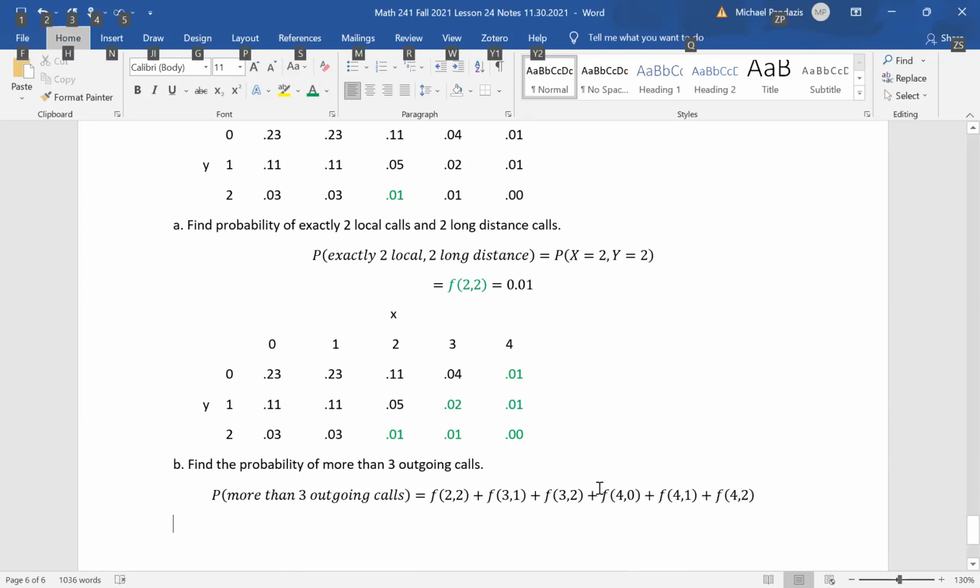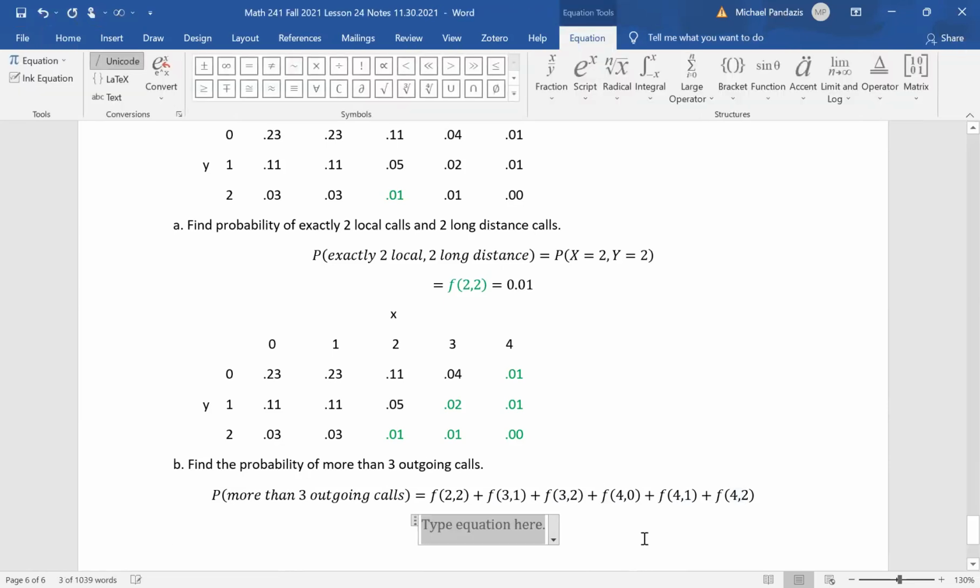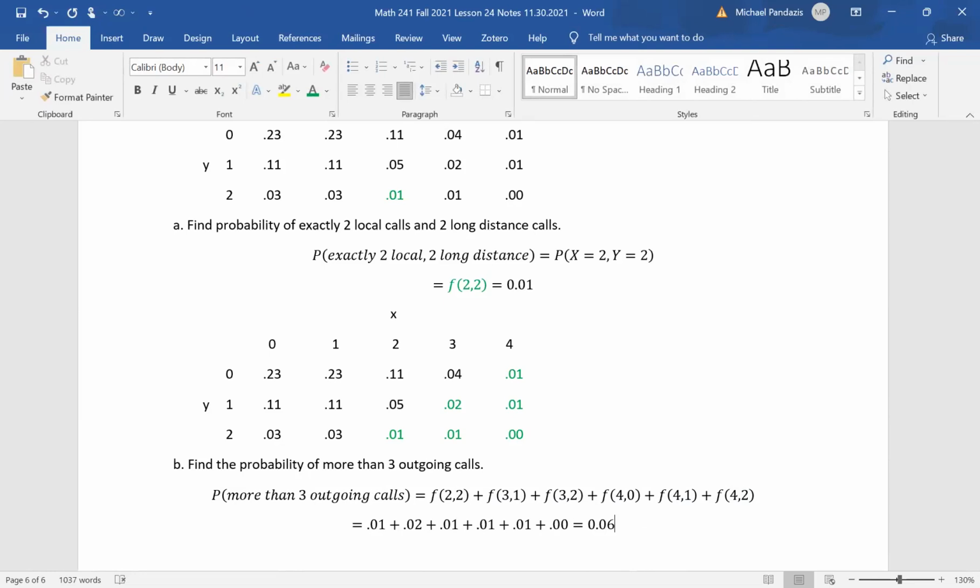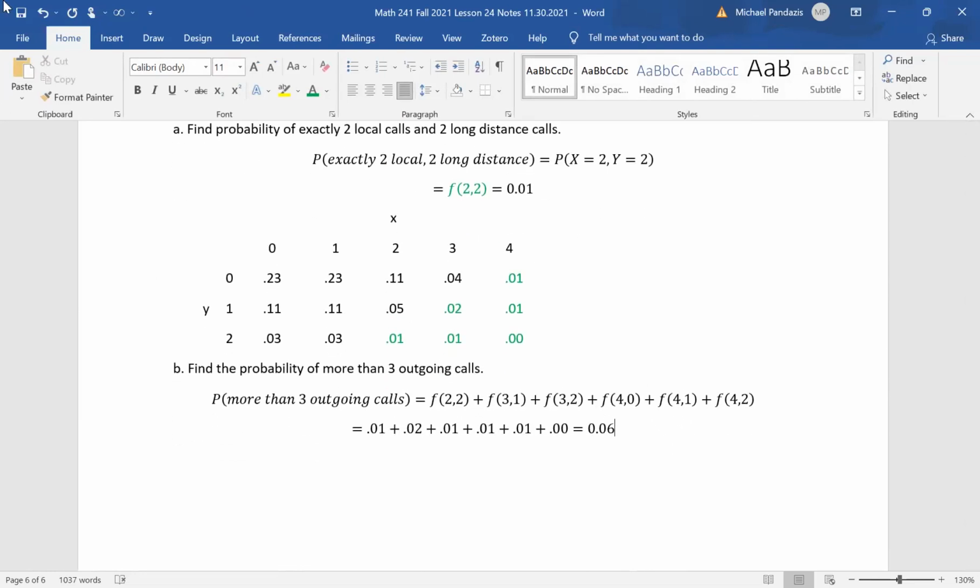You just add up those probabilities given to you in the table. So this is equal to 0.01 plus 0.02 plus 0.01 plus 0.01 plus 0.01 plus 0.00. If you add those numbers, you get 0.06. So that's the probability of more than 3 outgoing calls.